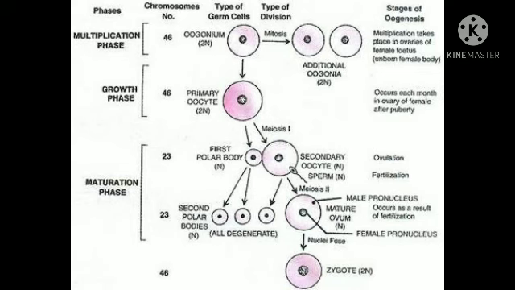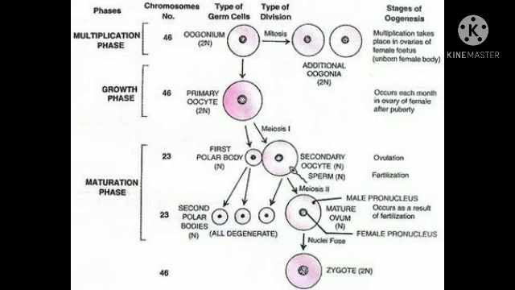In 1 year there are 12 months, so in 30 years we have approximately 600. Some of those months a female may be pregnant, so the number of eggs reduces. In this way, the functional ova produced by a female during her fertile reproductive period are only 450 to 500 ova. So from 10 million, only 450 functional ova are left in the female ovary.